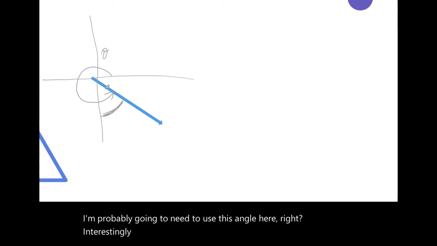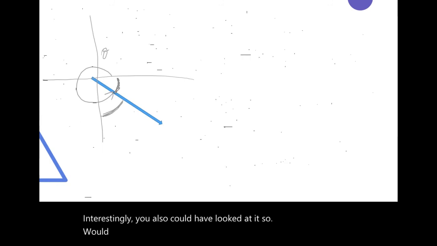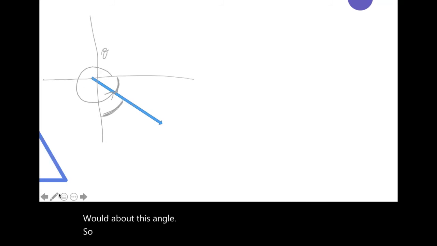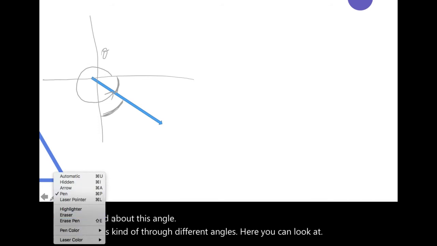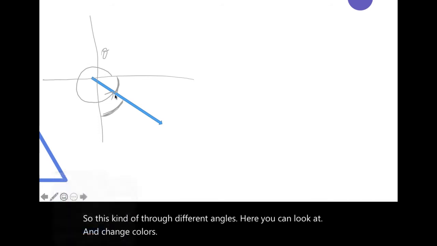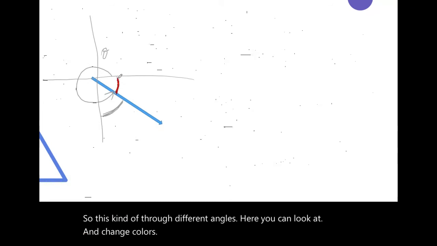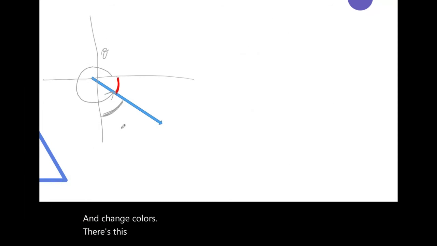Interestingly, you also could have looked at it and said, well, what about this angle? There's kind of three different angles here you can look at. There's this small angle, and there's this bigger one on the other side.